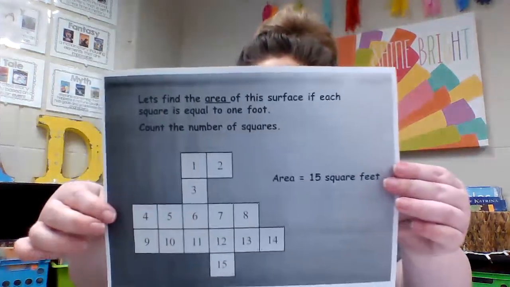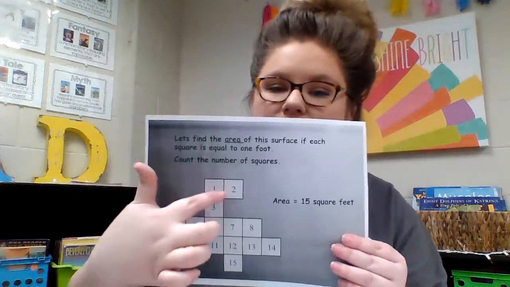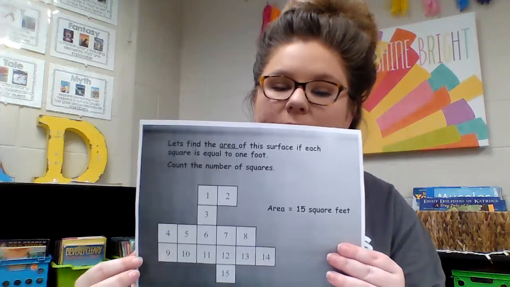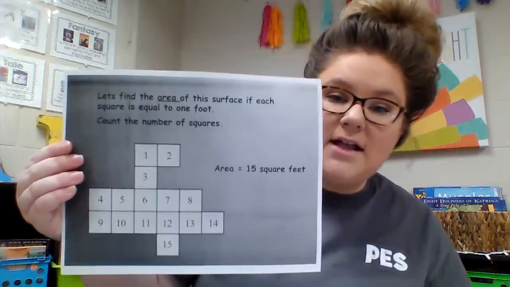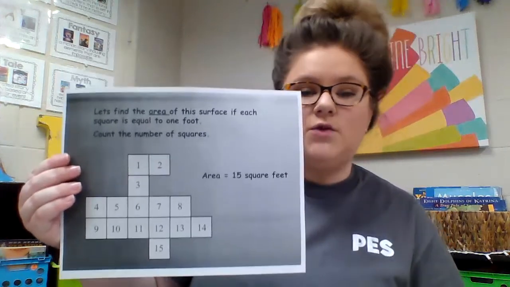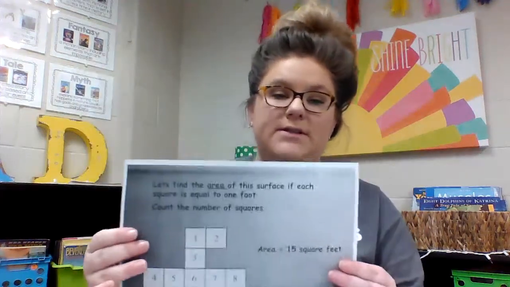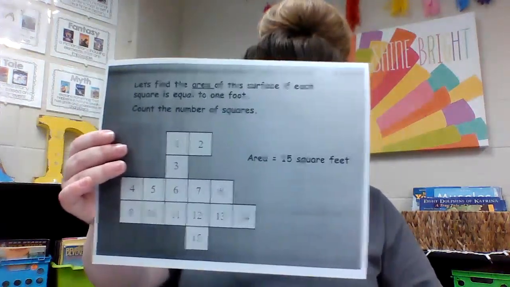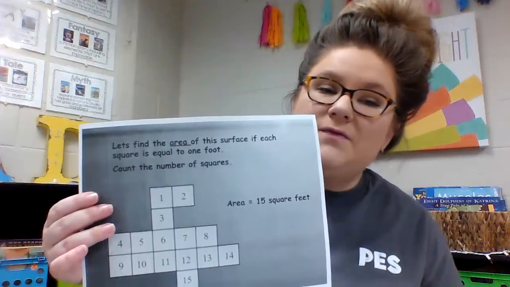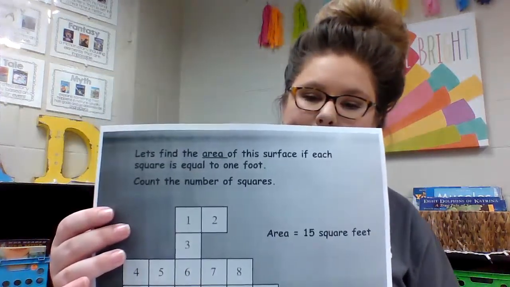So here's my shape, and as I go through, I'm going to count each box one by one until I determine the area is 15 square units. So area is counting the amount of flat space.